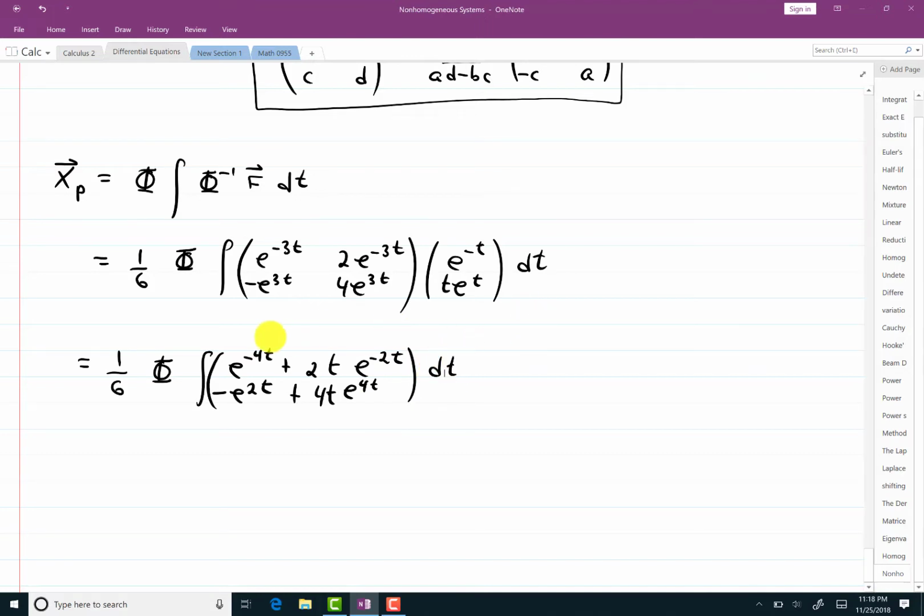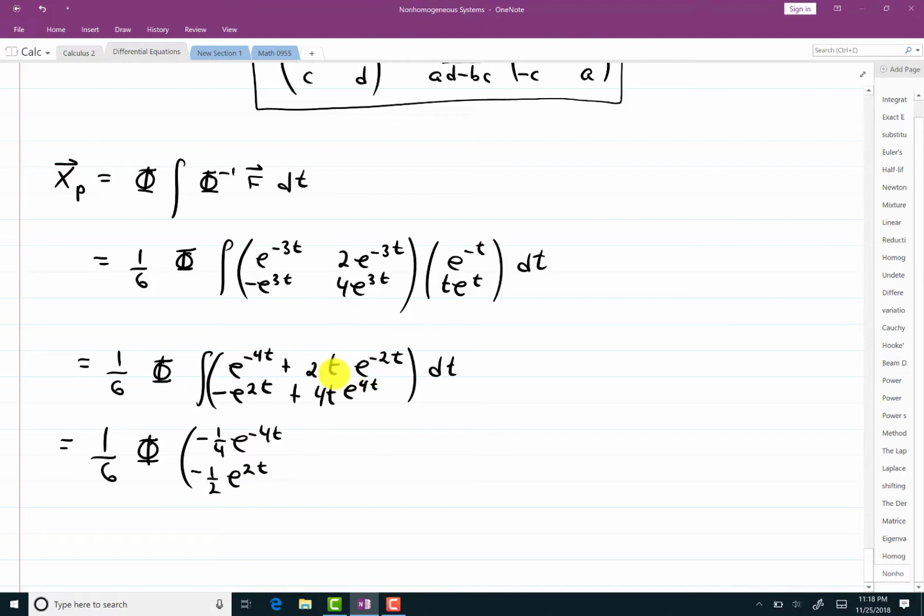And now the integral just means I integrate every single entry with respect to t. So when I integrate e to the negative 4t, I'll get negative 1/4 e to the negative 4t. When I integrate e to the 2t, I will get negative 1/2 e to the 2t.